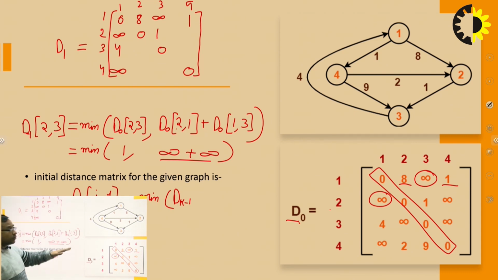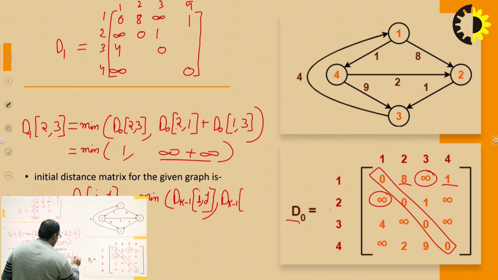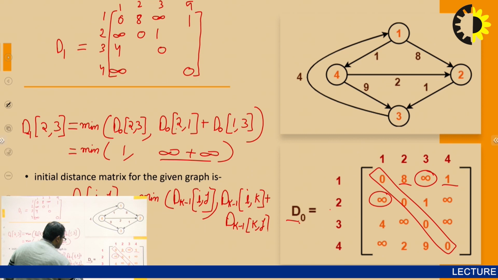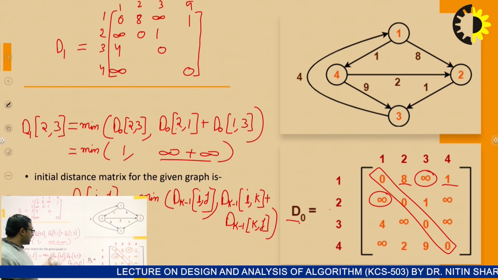Whenever I'm going to calculate D2, we are getting the value from the previous matrix, D1. So the formula is: D k of i,j equals the minimum of D k minus 1 of i,j, comma, D k minus 1 of i,k plus D k minus 1 of k,j. So this is the formula, as you can see. Every time this is calculating.